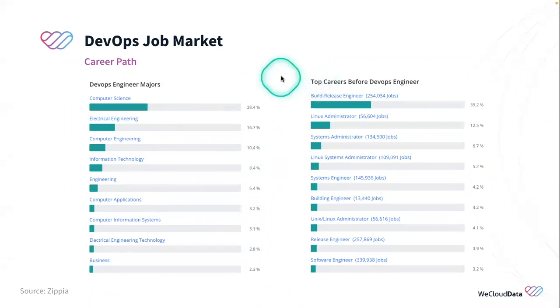The folks who transition and specialize more in DevOps engineering in their careers, as DevOps engineer became a term and a job title, are usually coming from build, release, Linux. And again, not too surprising, because even before there was the word DevOps engineering, these tools and systems that were in place are the bedrocks of what we have as DevOps today.